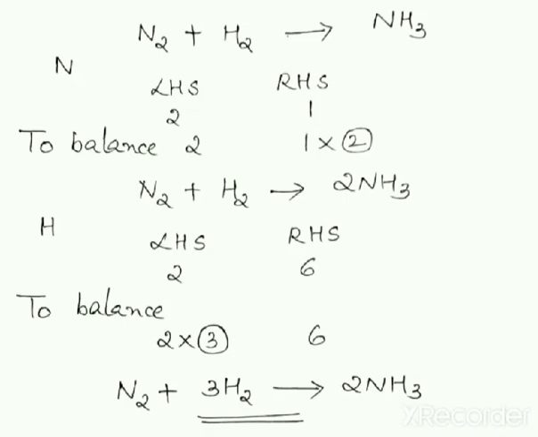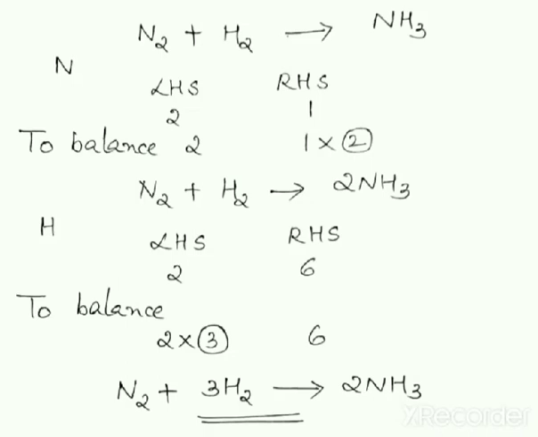Whereas the number of atoms of hydrogen will be 2 atoms of hydrogen on the left hand side, that is the reactant side, and 3 atoms of hydrogen with ammonia. So here in this case the number of atoms of both hydrogen and nitrogen are not the same on both sides of the equation. So let us start with nitrogen.